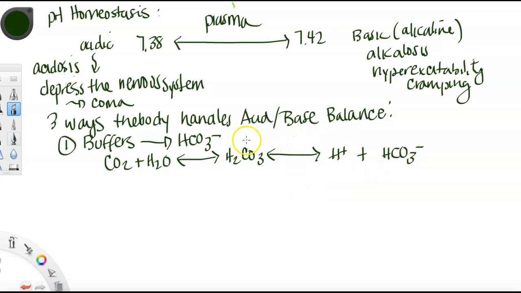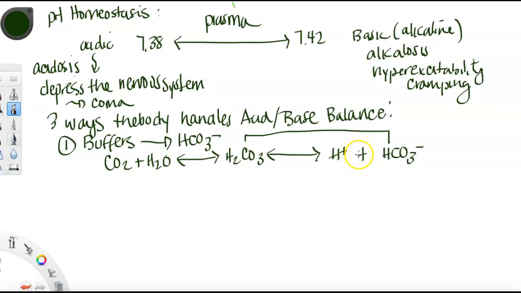So this part right here is the buffer. If we have too many hydrogens, we can bind them up by attaching them to bicarbonate to make carbonic acid. If we don't have enough hydrogens, we can break that apart to yield hydrogens and bicarbonate as well.